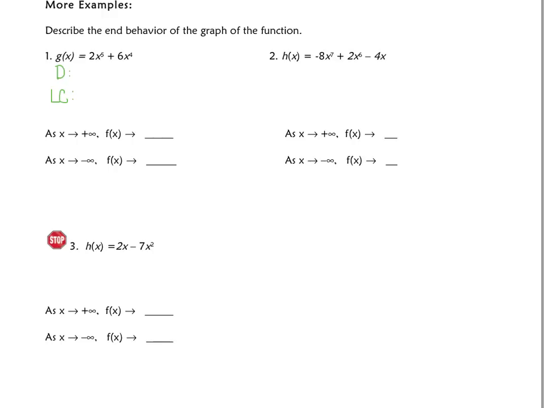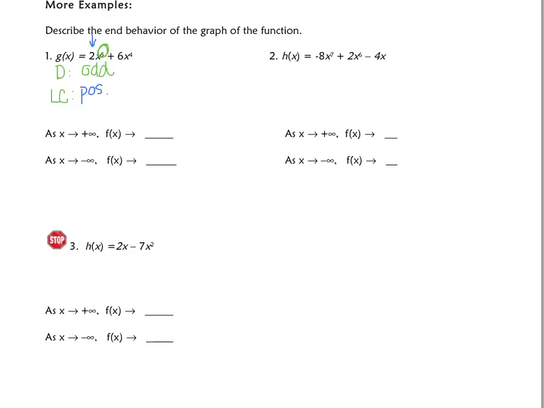Remember, the degree that we care about for these end behavior problems is whether it is even or odd. So our degree here is 5. So 5 is an odd degree function. And then you care also about the leading coefficient, and you don't care if that's even or odd. You care if it's positive or negative, and in our case, it's positive.